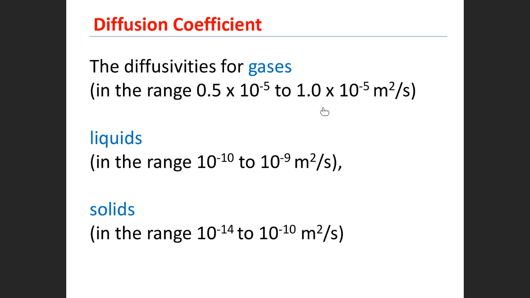If you come to liquids, it is around 10 to the power minus 10 to 10 to the power minus 9. If it is solid, it becomes 10 to the power minus 14 to 10 to the power minus 10, that range for the values of diffusivities. So you can see the ranges for diffusion coefficients for different phases.